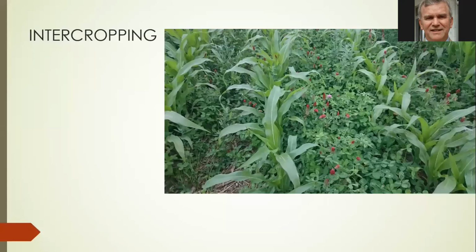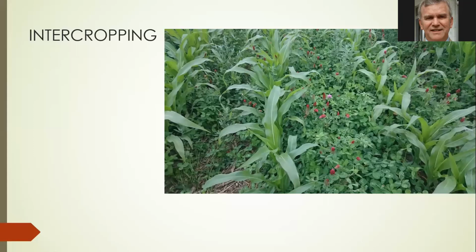Another method for getting carbon into the soil is intercropping. In this case, this means you're planting 2 crops. It could be 3 crops, it could be 4 crops, depending on where you're located on the planet. People utilize different numbers of crops in an intercropping farm management strategy.